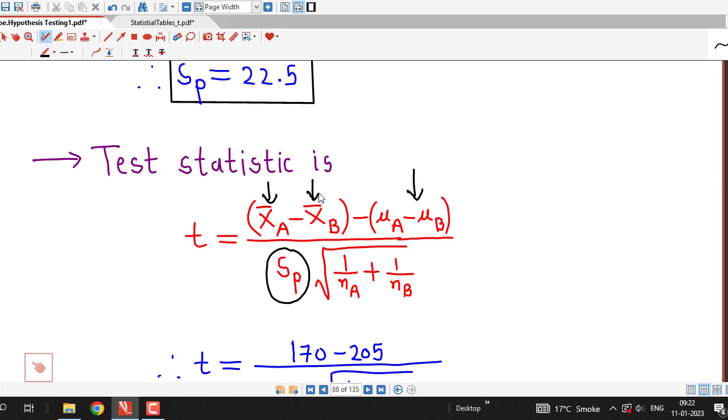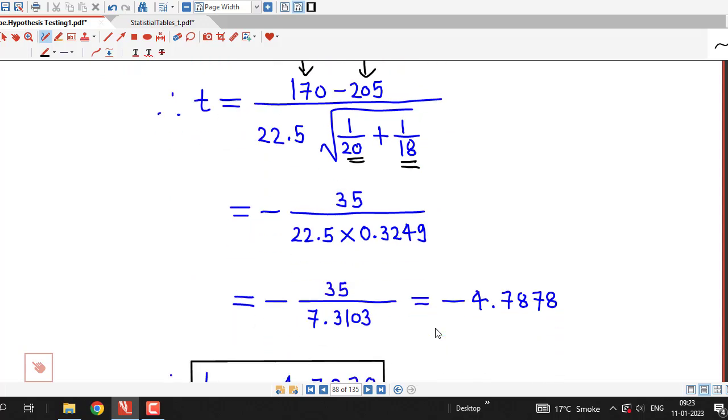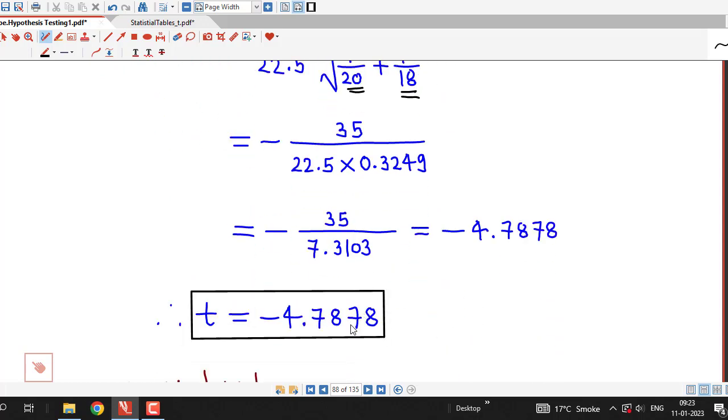Average sales for sample A are 170, for sample B they are 105. Pooled estimator is 22.5, and these are the sample sizes. And using a scientific calculator, we find that the value of T statistic is minus 4.7878.